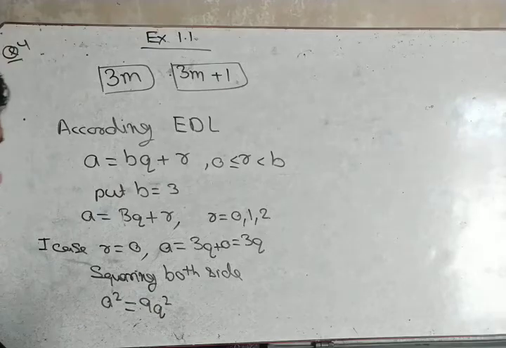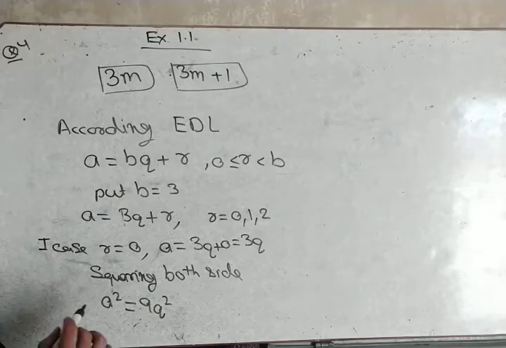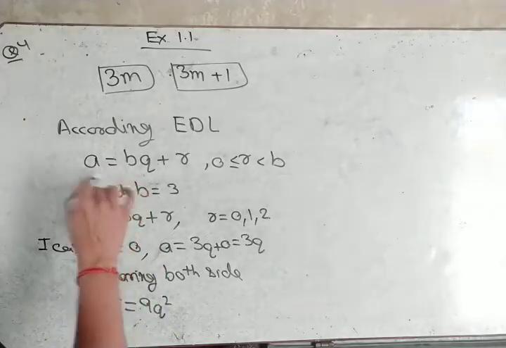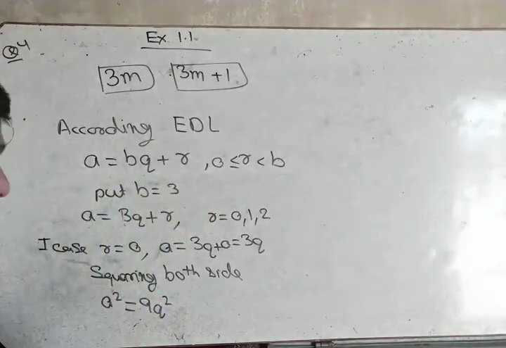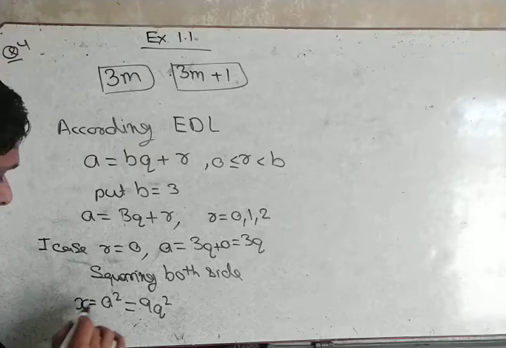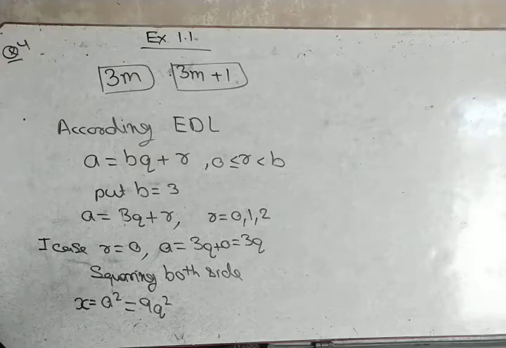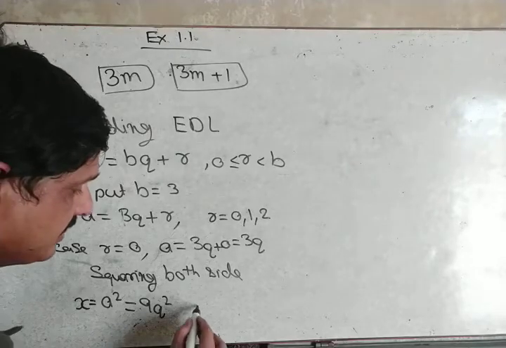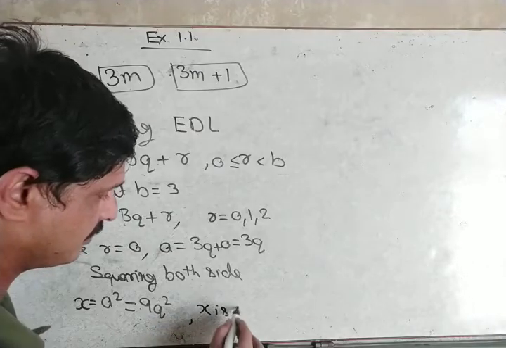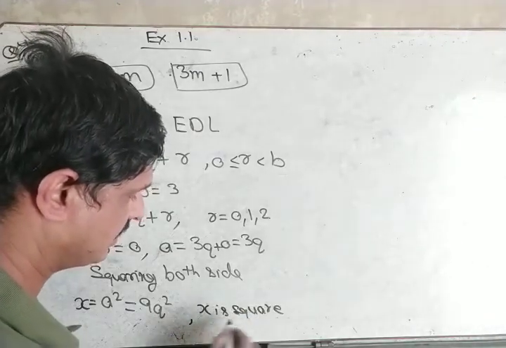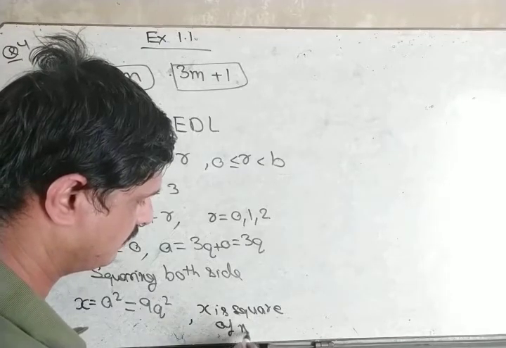Now see, we are looking for the square of the number, not the number. Let us assume x is the square of the number.